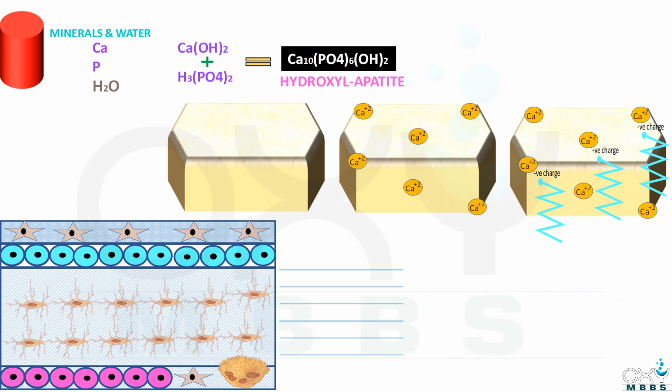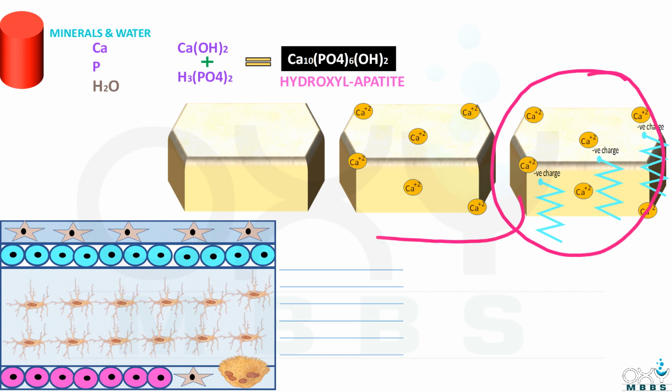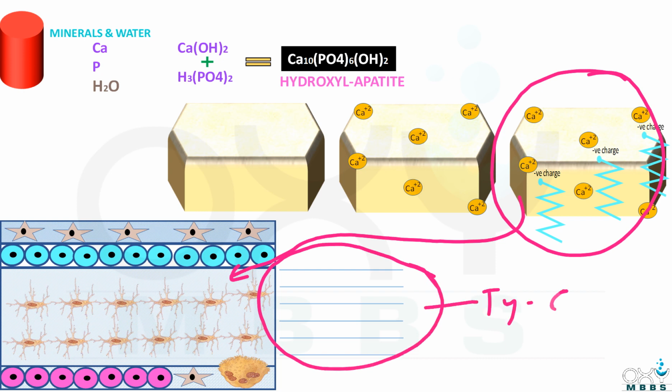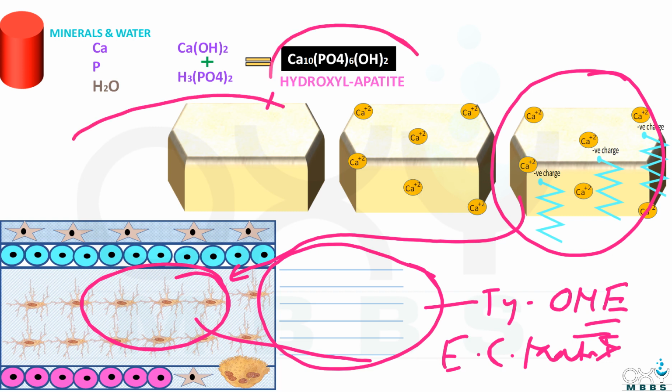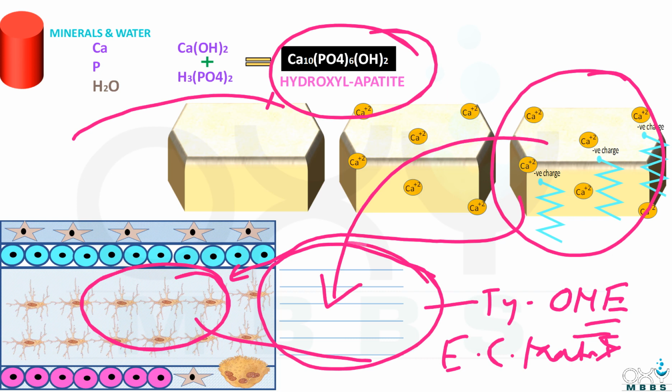So now here hydroxyapatite is ready to get deposited in the framework which is formed by the type 1 collagen fibers, and this is called the extracellular matrix. And all this process of formation of hydroxyapatite as well as deposition of hydroxyapatite within the framework is initiated by which cells? Yes friends, tell me fast. These are osteoblast cells.